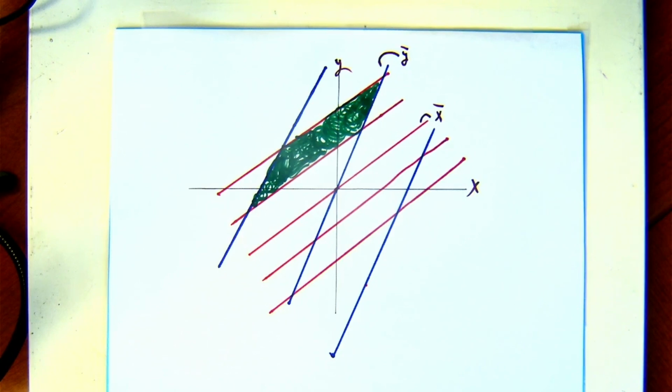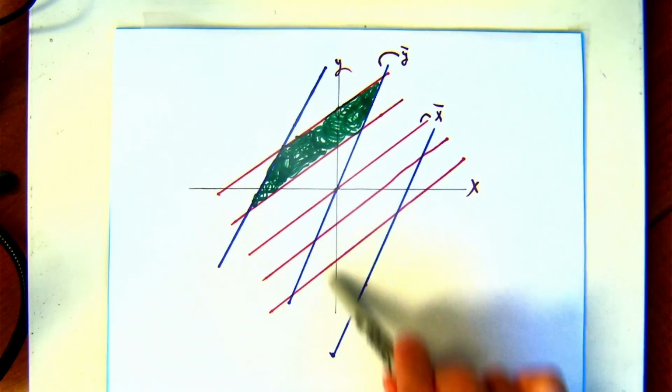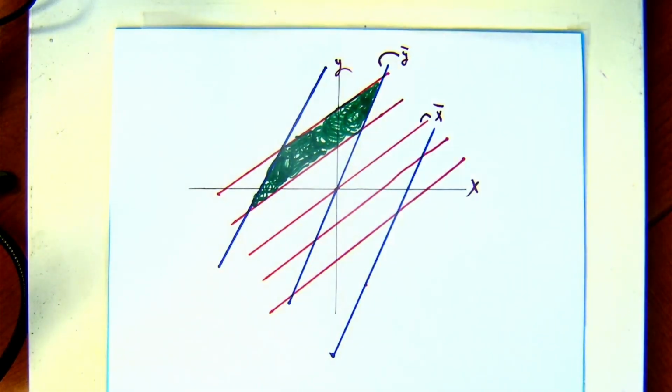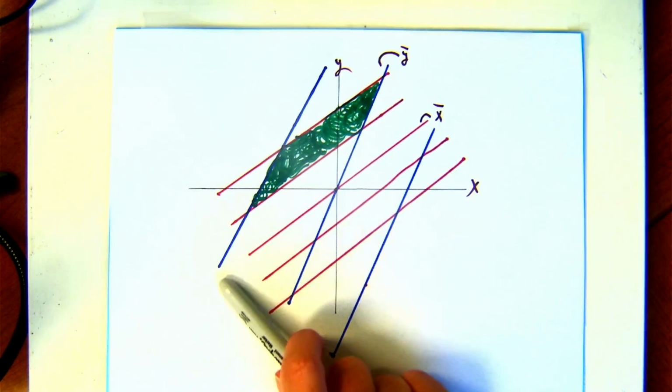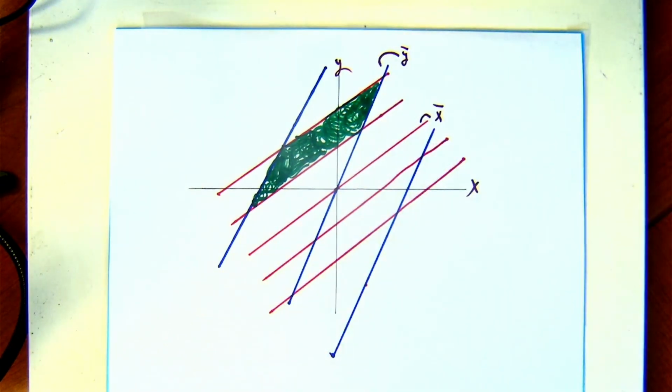I'll call the coordinates of the Cartesian system x and y. Here's the x-axis, there's the y-axis. I'll call the coordinates of the new system x bar and y bar. Here is the x bar axis, and here is the y bar axis.